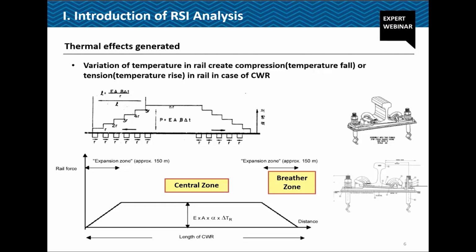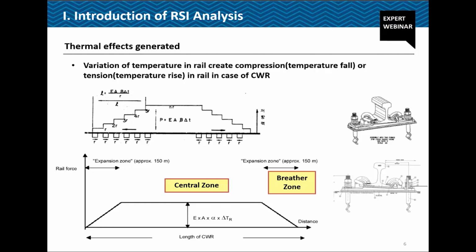First of all, we need to understand the effect of CWR, the difference between the normal rail and the CWR. If the rail is continuously welded on ballast, and the temperature goes up or down, due to this temperature some stress will occur.